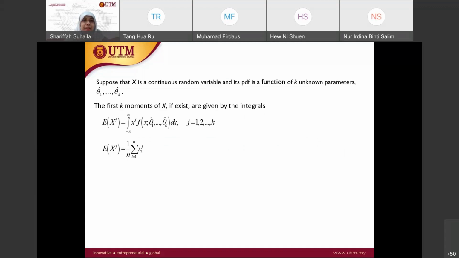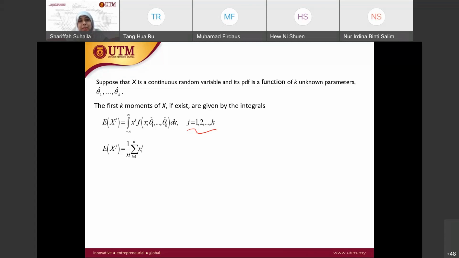Say you have a continuous random variable, so we have the PDF. The first k moments of x, normally we write, is the expected value of x to the power j, where j equals 1, 2, up to k.